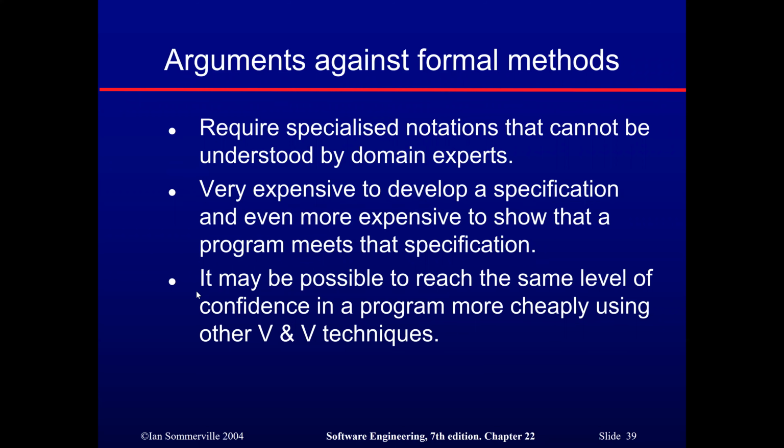A third argument against formal methods is that it may be possible to reach the same level of confidence in a program in a cheaper way, using other V&V techniques. So these are the three arguments.